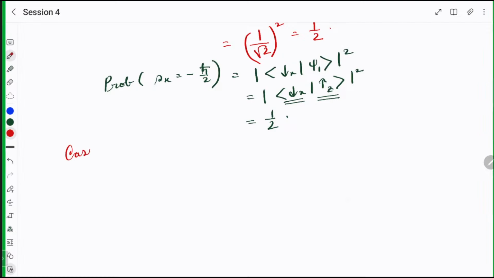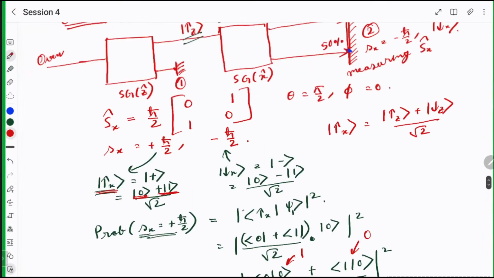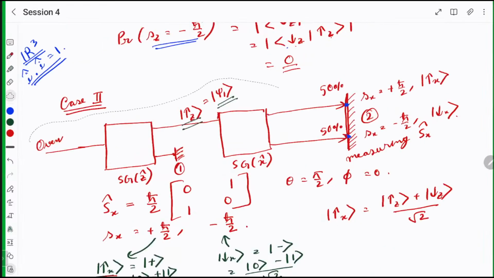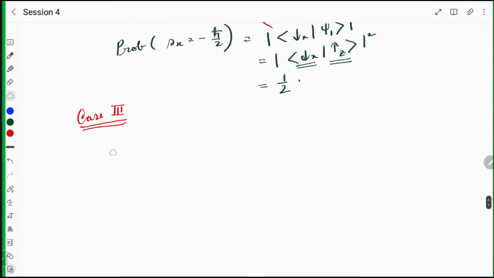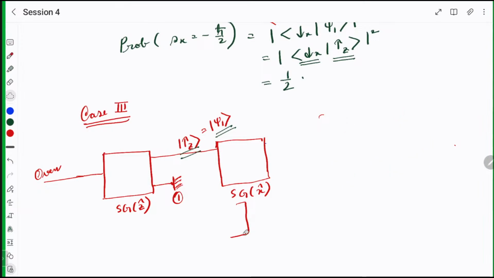case 3. Let's copy this and paste. All right. Now, here, let's do some modifications to this. Like in the previous case, we passed the up z component to a Stern-Gerlach oriented along x.